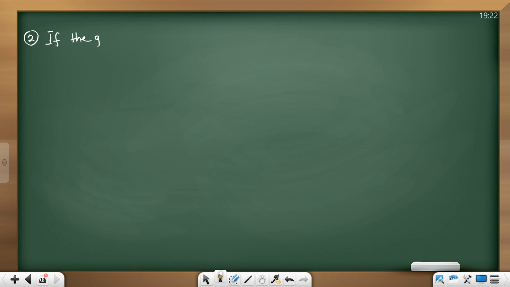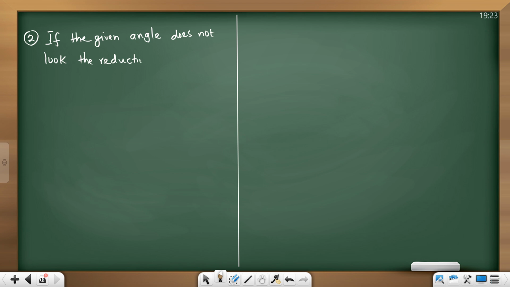If the given angle does not look like the reduction formulas, add or subtract 360 degrees.